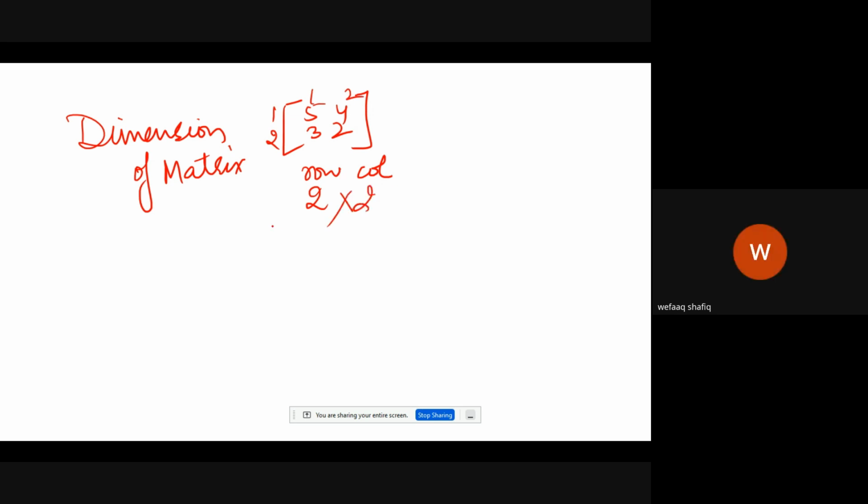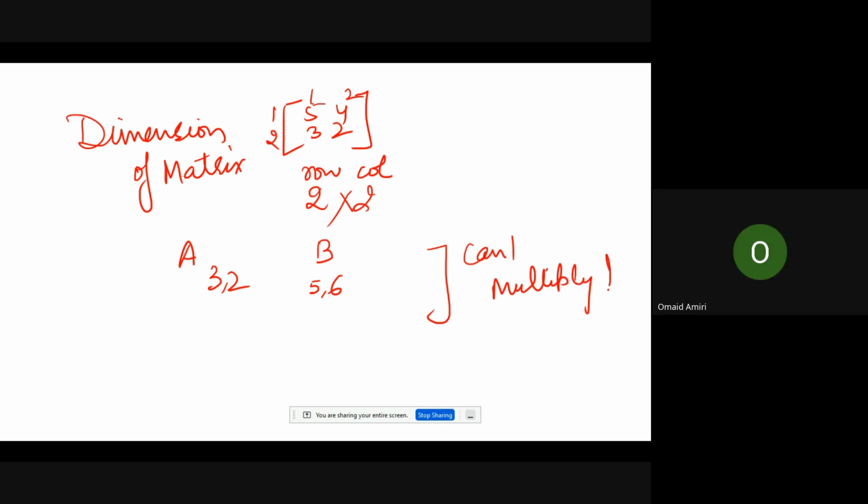So 2 cross 2. Now suppose I have matrix A with dimension 3 by 2, and matrix B with dimension 5 by 6. Can I multiply these? No, ma'am.